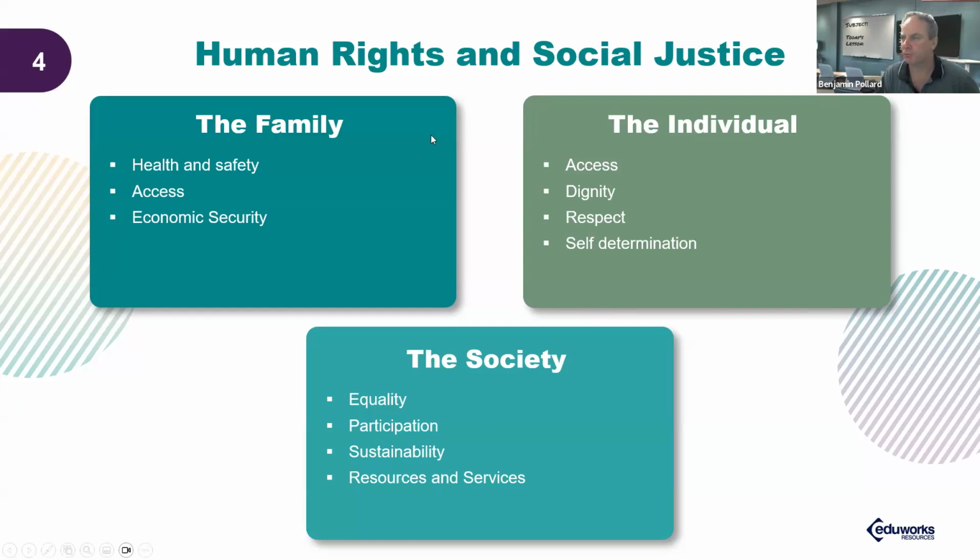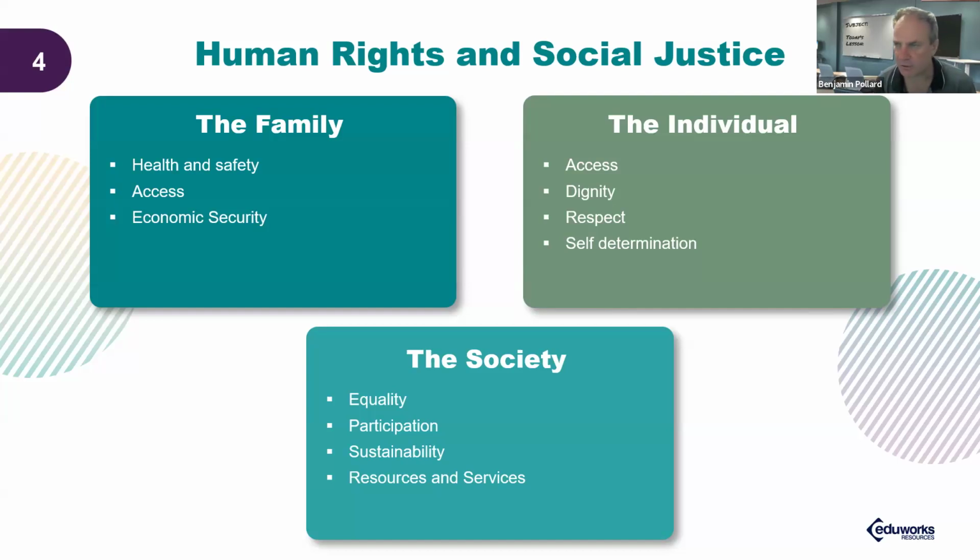Family. We move up to groups, our tightest group, and we're looking again at health and safety. Access, this time though, we're probably talking more about social institutions such as education, welfare, health, employment, housing, all of those sort of things.